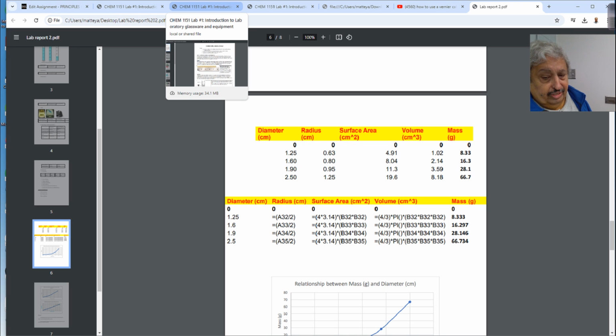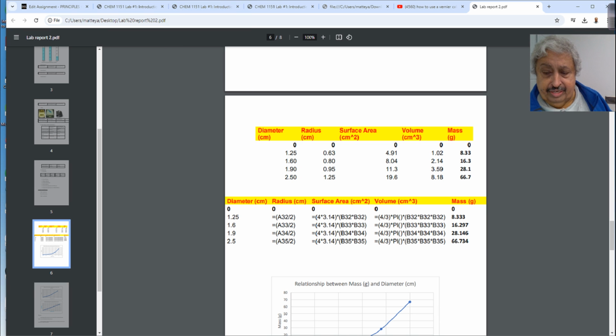You can do the calculation of the surface area, correct? And you can get the volume of each sphere. So you have 4 pi r squared, and you can determine the density, but you don't have to do the density by hand.